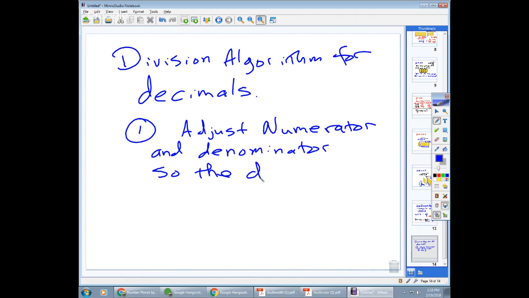So the denominator is a whole number. And then 2, we use the numerator to figure out where the decimal goes.